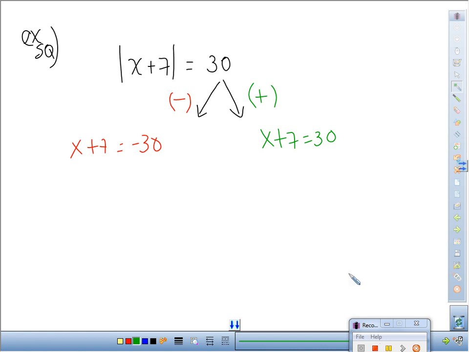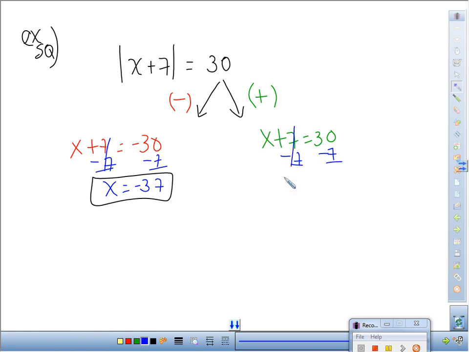Okay. Next, let's solve each equation using inverse operations. I'm going to start with this one first. Minus 7, x equals negative 37. That's one answer. For this one, minus 7, x equals 23.